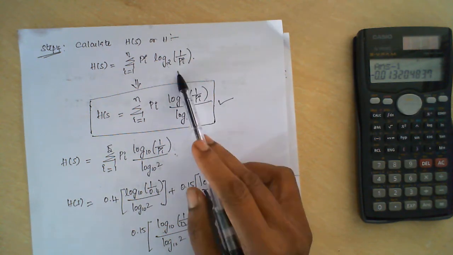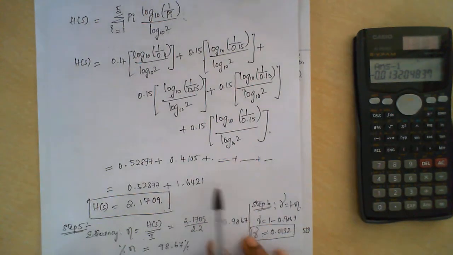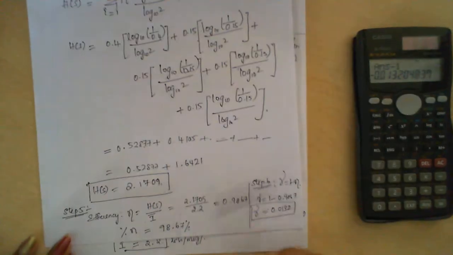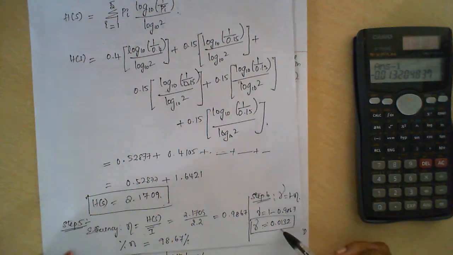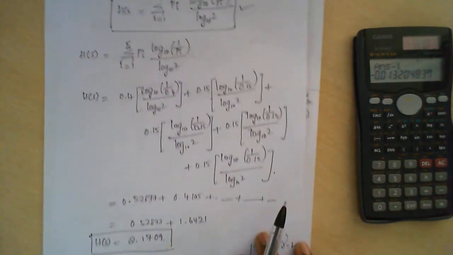You shouldn't go directly with the other value, you will get a wrong answer. Avoid this. And always the efficiency value will be 90% and above. So here we have achieved 98.67, and here also a small value is obtained as code redundancy. All the very best for your exams.